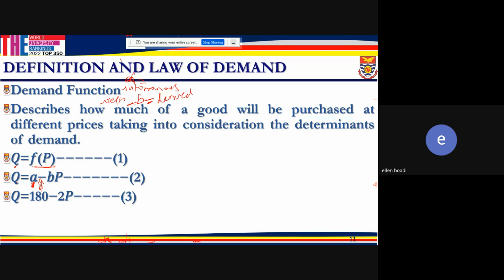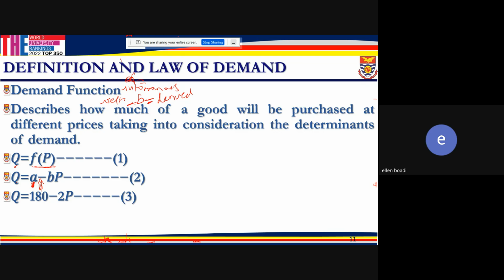In other words, when prices are low, quantities are high. So we have that negative coefficient, minus B, to confirm the inverse relationship that exists between price and quantity. It shows that when price is increasing, quantity will be falling.